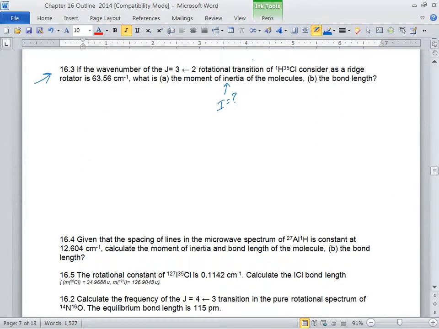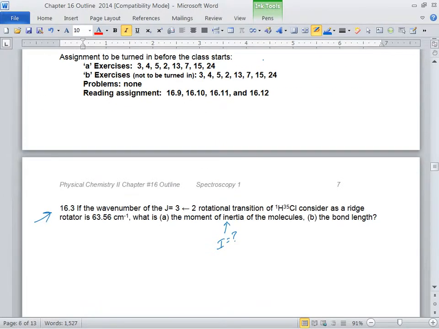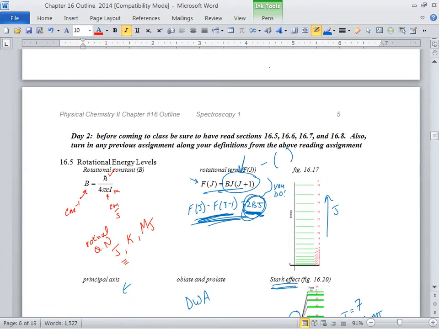I think we have everything we need, don't we? So we used that very first equation to solve for I. Oh, they gave us the wave number, didn't they? So it's going to be the h bar. There's our I, and our wave number. Do you see why this is the wave number?